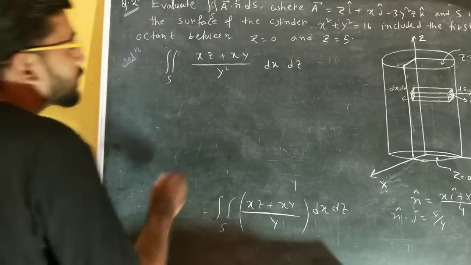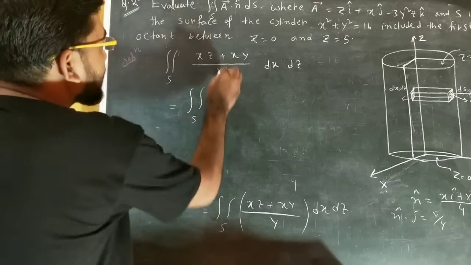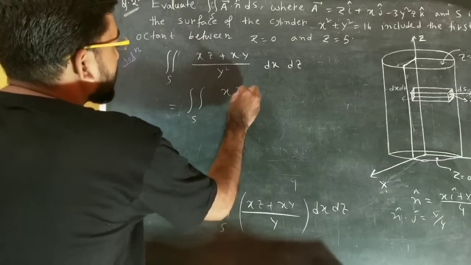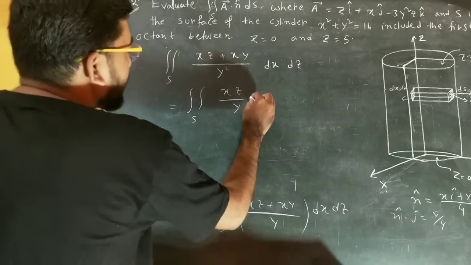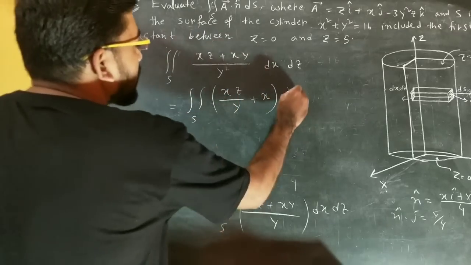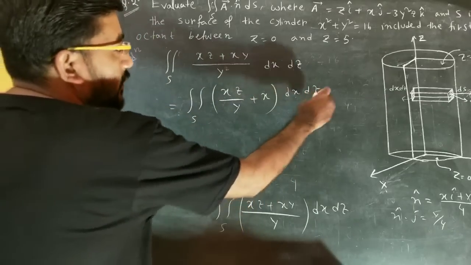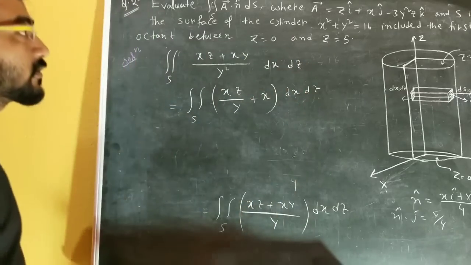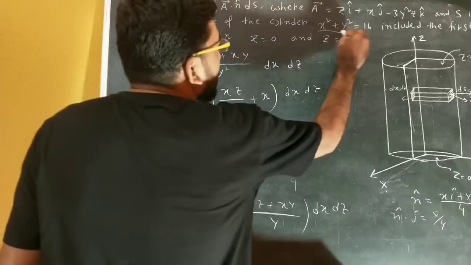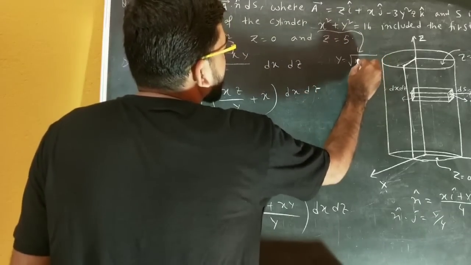So you will get the surface integration of xz by y plus xy by y, that means x, dx dz. You have to eliminate this y because there is no y in dx dz on the xz plane. From the expression, y is equal to root over 16 minus x square.